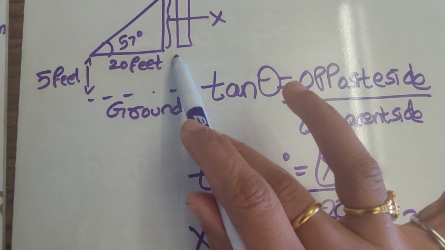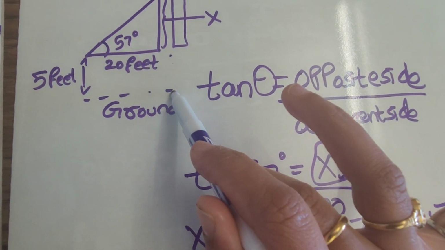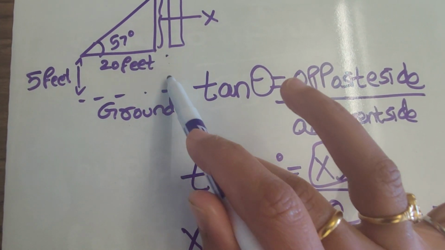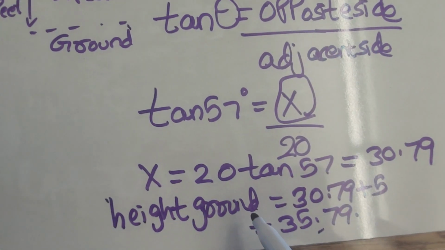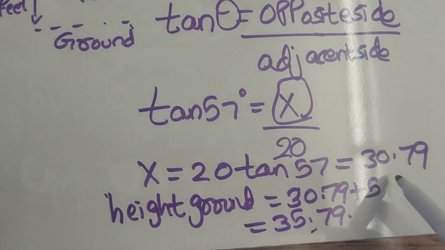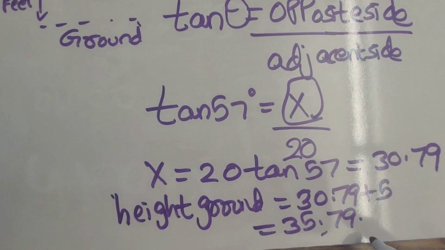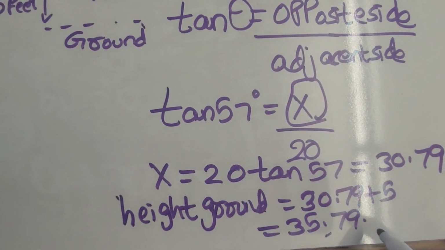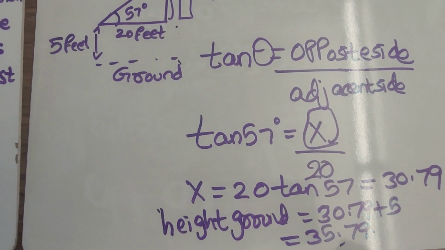But this height is found from the base here, and I need the height from the ground level. So I am going to add this 5 feet distance to the x value. The x value I have got here is 30.79, and I'm going to add 5 to it, which is 35.79. So the height of the tree is 35.79. This is how you solve the problem.